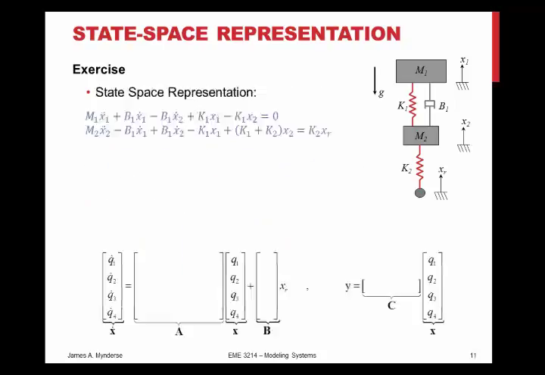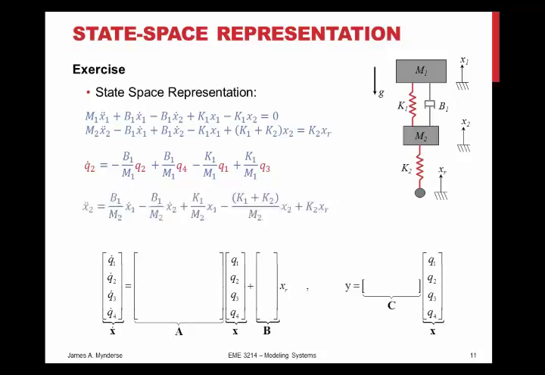So if I take my EOMs, I can rewrite the first one in terms of x1 double dot is equal to this stuff, and then I can make substitutions where I put in the appropriate state and derivative of state. And I can do the same thing with x2. X2 double dot is going to be this equation, and I can substitute in my Q1, Q2, Q3, Q4, and Q4 dot.